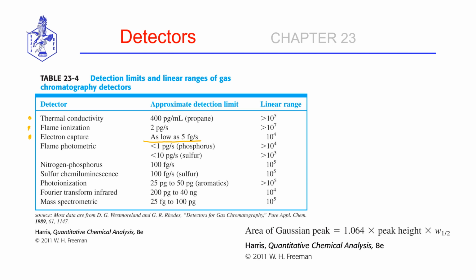The thermal conductivity is general response. It will detect anything, whereas with flame ionization, they have to be combustible. In electron capture, there has to be some very electron withdrawing group within the structure. And then we get into other specific detection means.